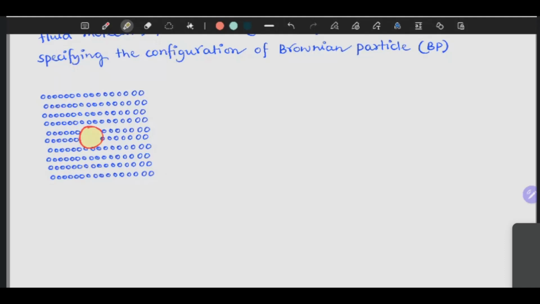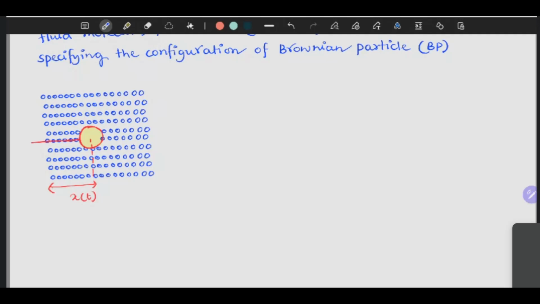Now here this particle is our Brownian particle. Let's say this variable is the center of this, so its motion will be xt. It is how it is moving like this. How it is changing its directions, that is, its positions, will be decoded here.